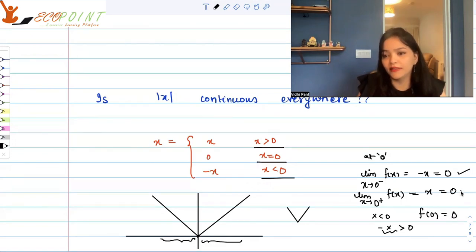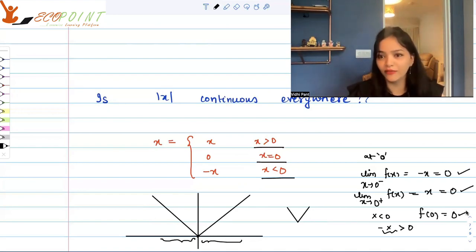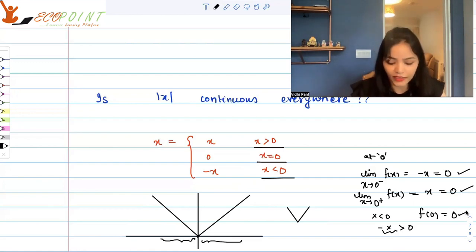So that means the left-hand limit is equal to the right-hand limit, and it is equal to the value of the function at 0, right? So hence it is continuous. Everywhere we would say it is continuous. The only point of concern was x equal to 0, and there also it is continuous. That's why modulus graphs are always continuous. You take modulus of any function, you will find out that modulus graphs are always continuous in nature.